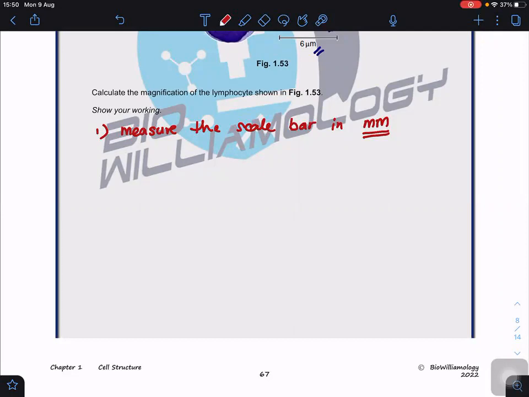I'll explain this later. And you express the measurement with either 0.0 or 0.5.